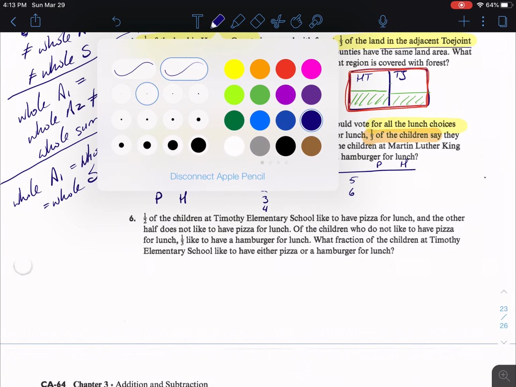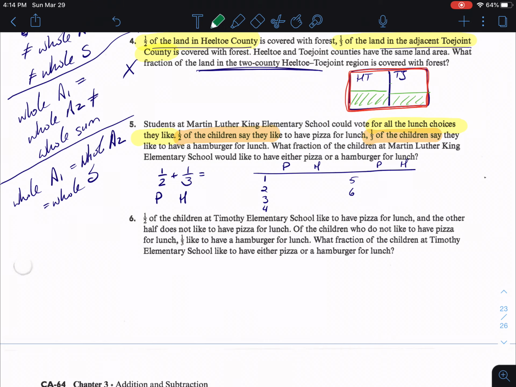Now, student 1 voted for pizza, and student 5 voted for pizza, and student 3 voted for pizza. So we have 1/2 of the students voting for pizza. And we need 1/3 of the students voting for hamburger.